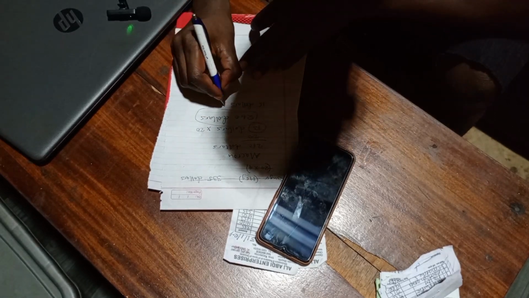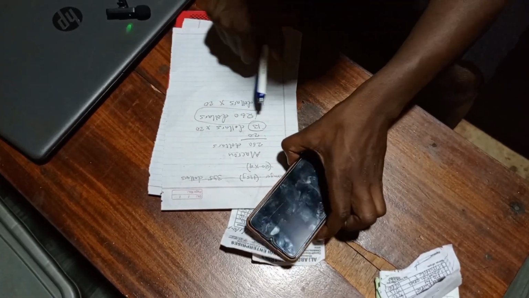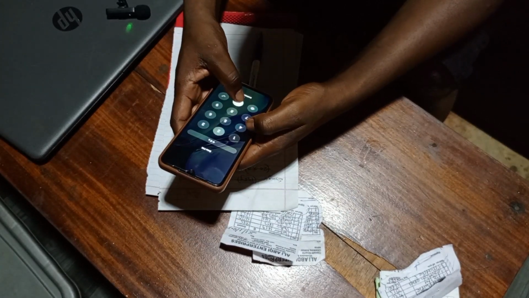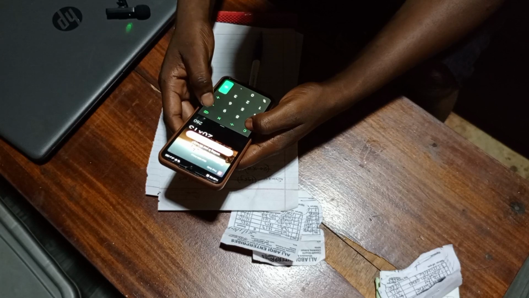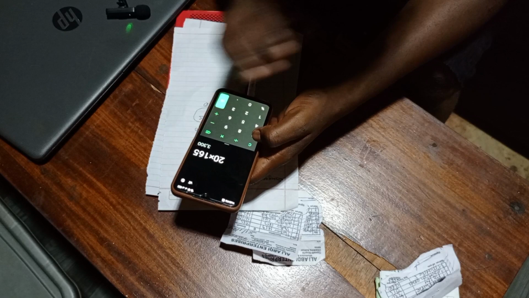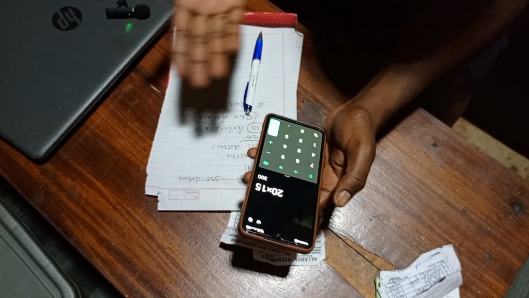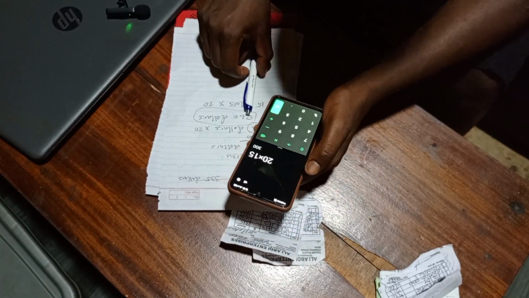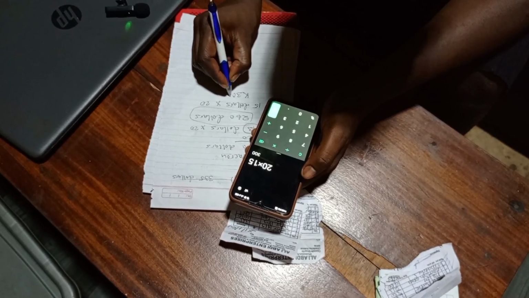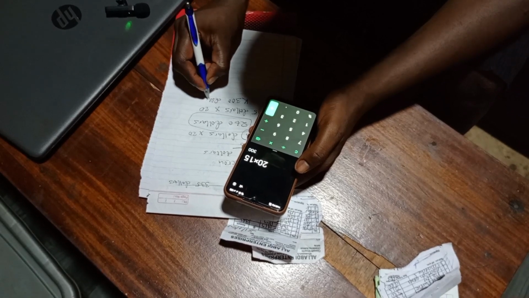So $15 by 20 again. You see? So $15 by 20, it is giving us 300 kwacha or dollars.